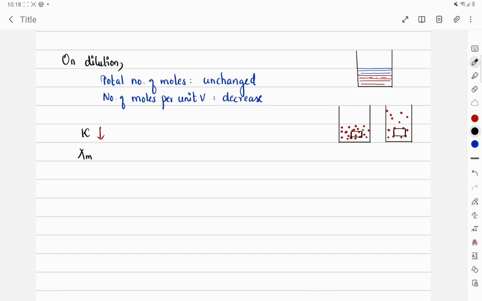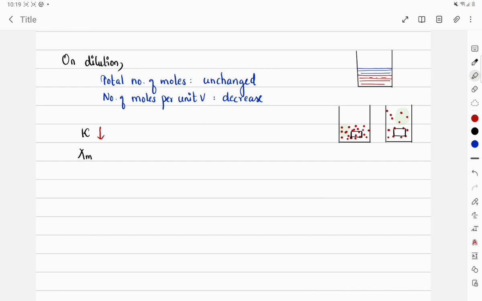So initially the 1 mole of ions was concentrated in a small region, but on dilution the same 1 mole of ions is now taking up a large volume, right? Initially if I want 1 mole, I have to take only this much part, but now after dilution, if I want to get 1 mole, I have to take some big part. A large volume should be considered to get 1 mole itself because of dilution.